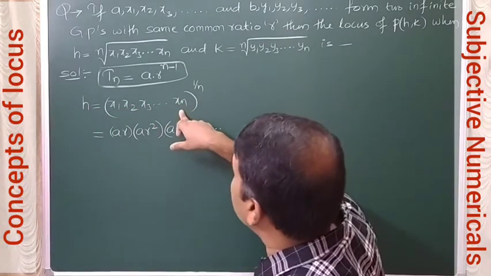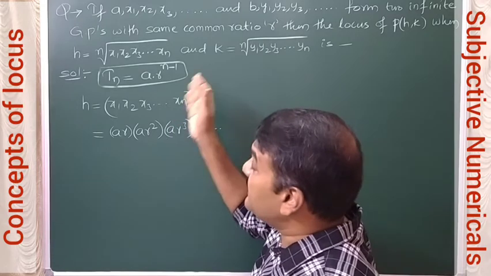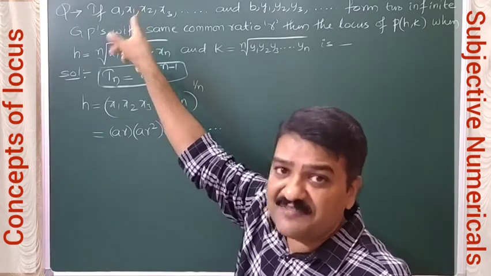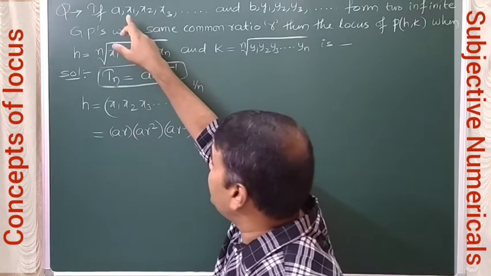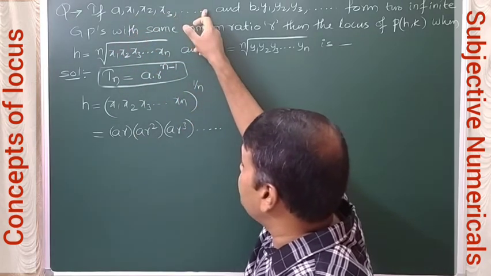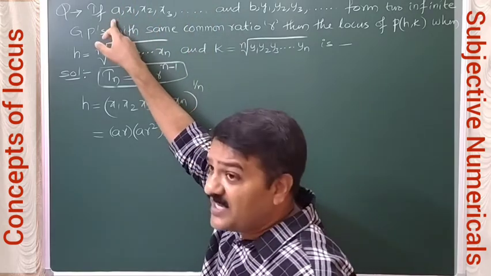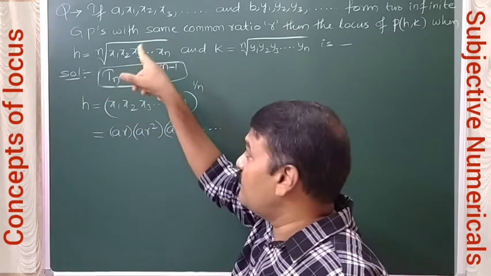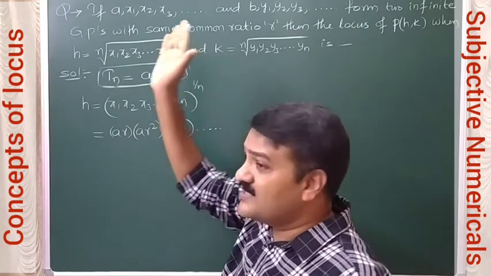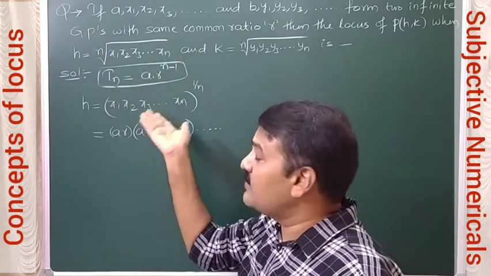Now xn is actually the n plus 1th term of this infinite GP. You can clearly see that when we take x1, x2, x3 up to xn, without this a, xn is going to be the nth term. But actually a is the first term, so we add one more term.